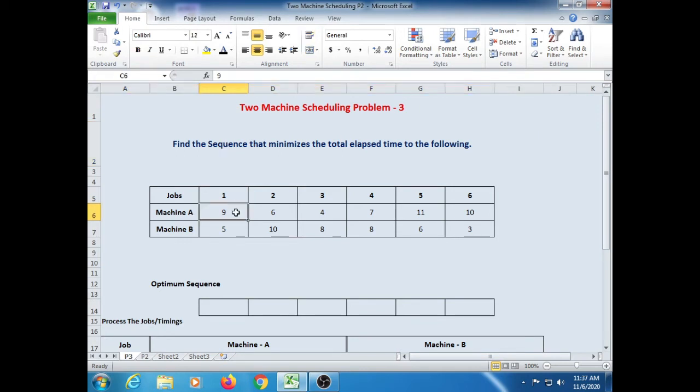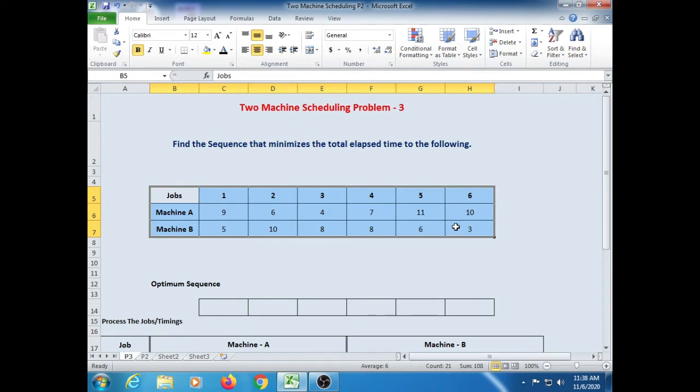With the help of this problem, we can understand more about how to find out the optimum sequence, because if we have the same processing times related to the same machine, or the same processing times related to different machines, how we have to consider and take the jobs, we can understand with the help of finding the optimum sequence with this problem.